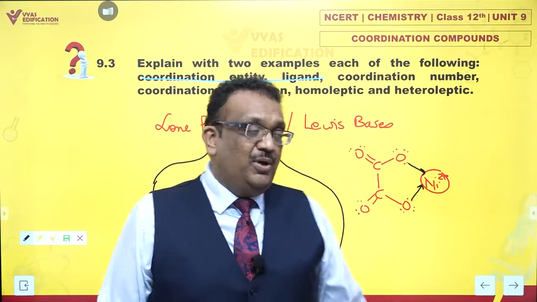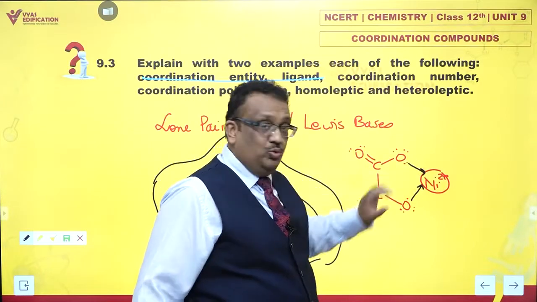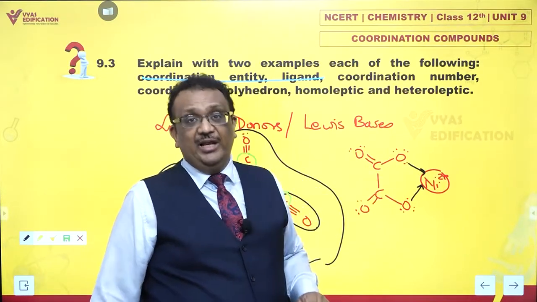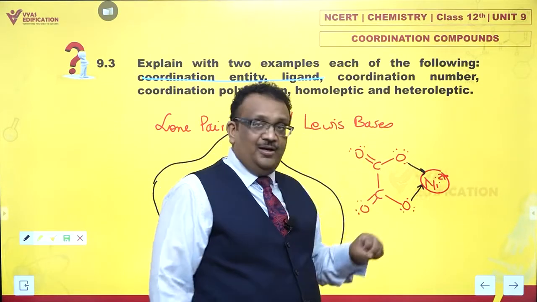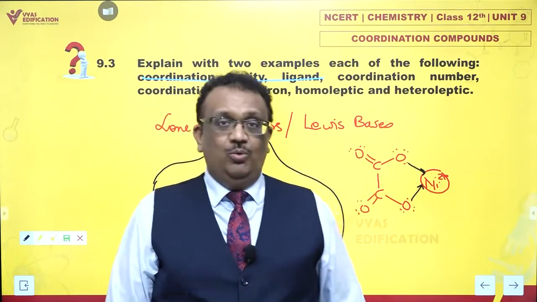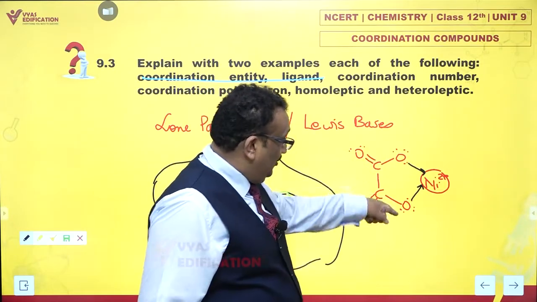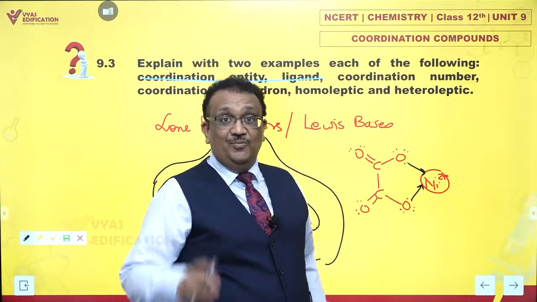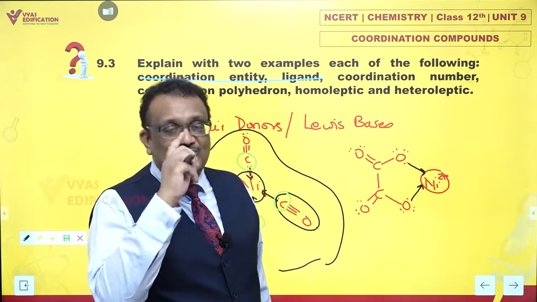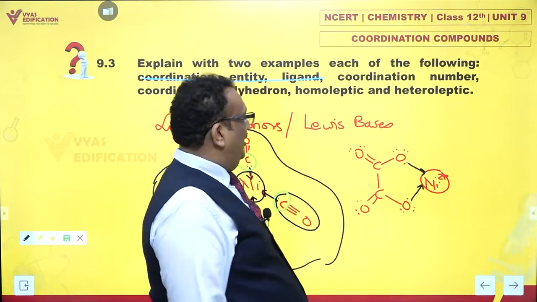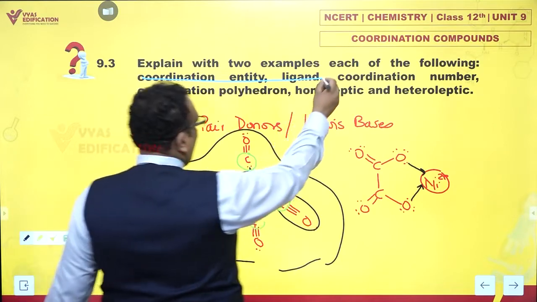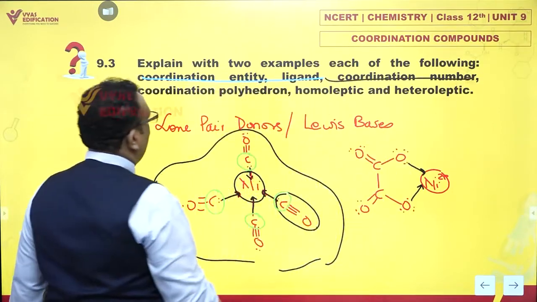So the coordination number will be counted as 2, not 1. Although there is only one ligand, there are 2 atoms directly connected. That is why I said the number of ligand atoms directly attached to the metal atom is the coordination number, and that is something you need to remember. A very important point of distinction.